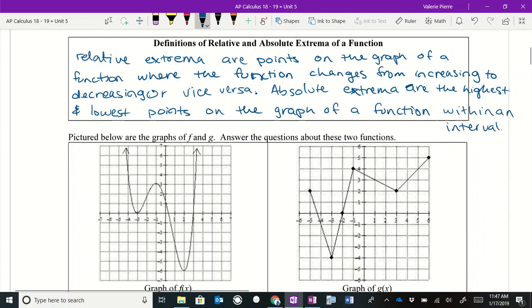Okay, so relative extrema is anywhere where the function is changing from increasing to decreasing or decreasing to increasing, whereas absolute extrema are the highest and lowest points on a graph of a function within an interval.